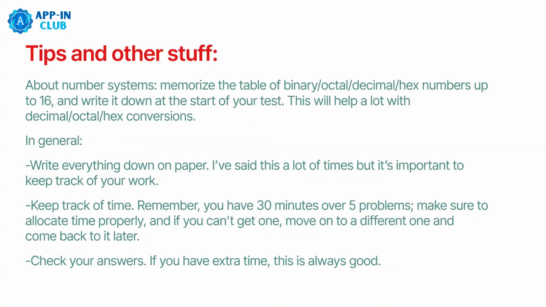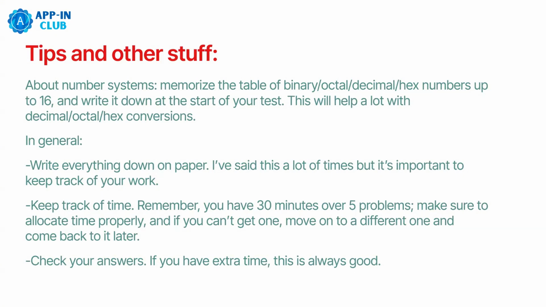Next, we'll move on to a general tips section. Regarding number systems, I think I've mentioned this before, but try and memorize the table of binary, octal, decimal, and hex numbers up to 16 shown earlier, and write it down at the start of the test. This will help you massively with decimal, octal, and hex conversions.